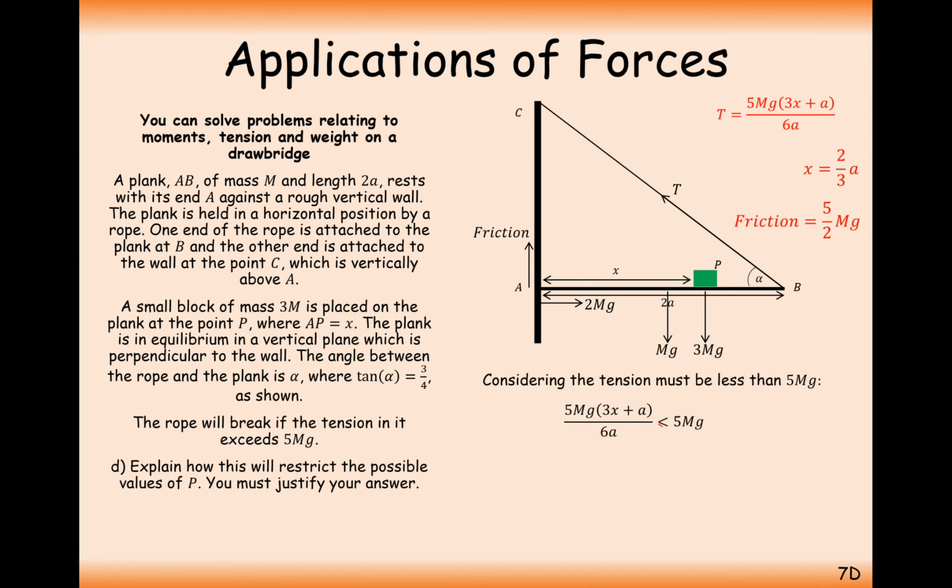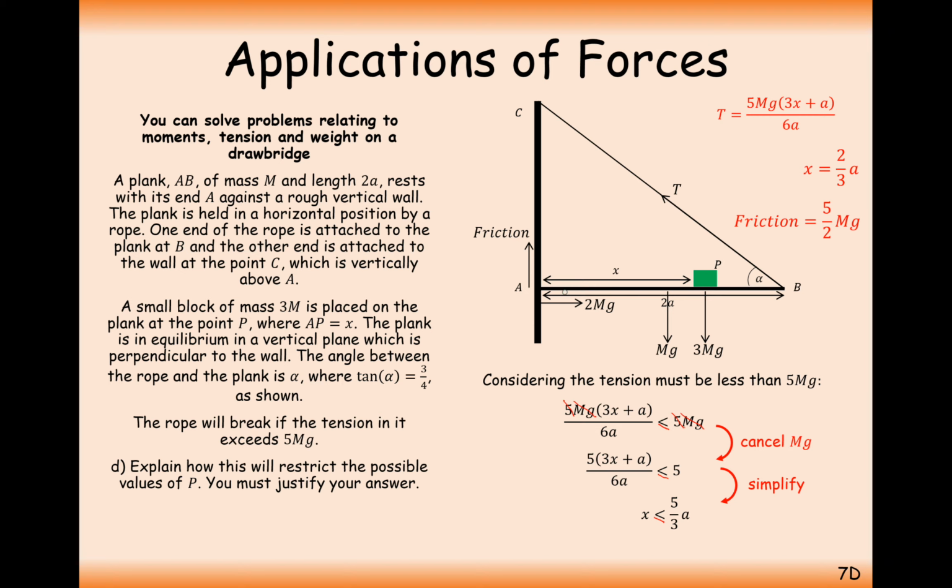And what we should be able to do now is, by cancelling mg's from both sides, mg is definitely a positive value here, we should be able to work out an inequality in terms of x and a. So cancelling out 5's from both sides as well, maybe timesing up by 6a onto the other side. And eventually, once you've rearranged enough here, you're going to get x is less than or equal to 5 over 3a.